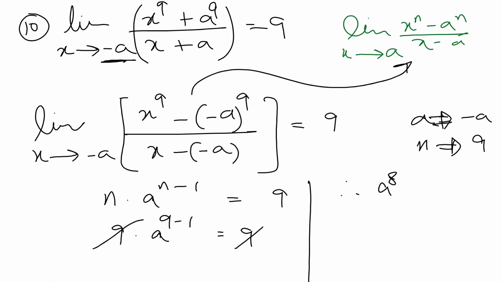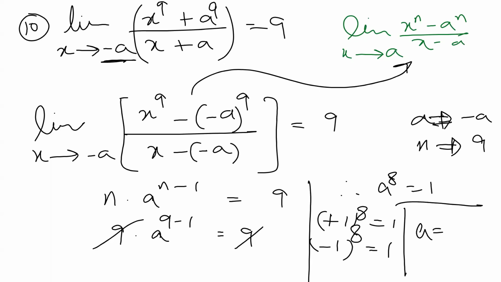Therefore, a raised to 8 is equal to 1. Okay. So minus 1 raised to 8 is also 1. And plus 1 raised to 8 is also 1. So what is a?